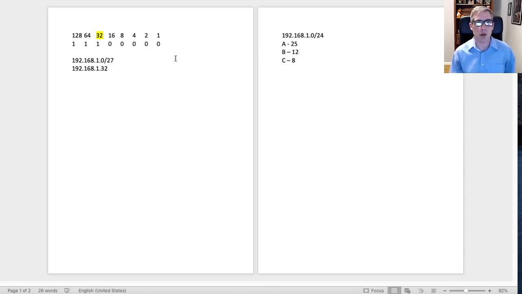That's enough to get us 12 addresses. So we need to change that to a 1, make that our magic number. Unhighlight that. So that means that we are at a /28 now. And then we're increasing this by 16. 192.168.1.48.